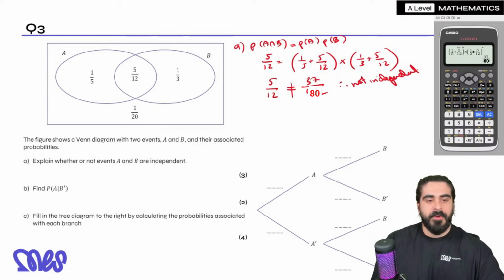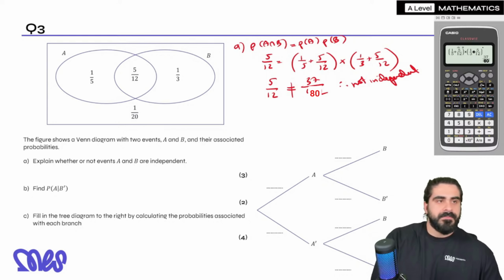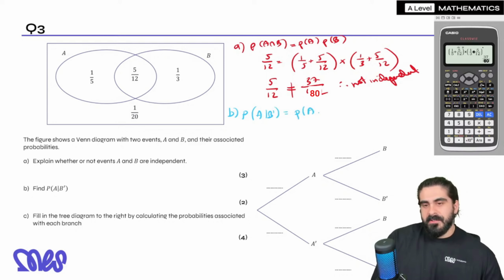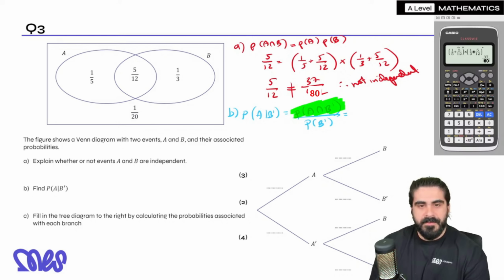Cool. Find the probability of A given not B. So this one, we're going to rewrite the statement. I think we all know what the conditional probability statement is. We practiced it a lot. The given changes to an and, not B, over the probability of not B. 1/5. A and not B, I agree. Good.